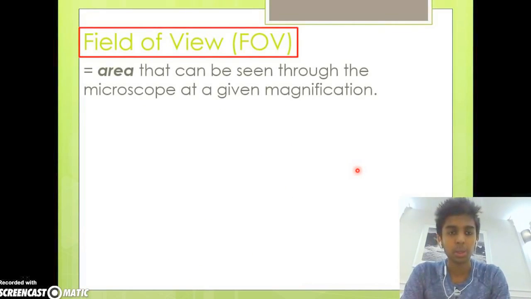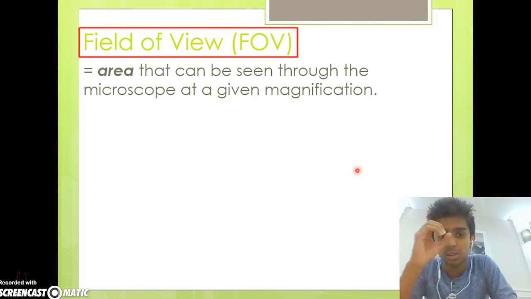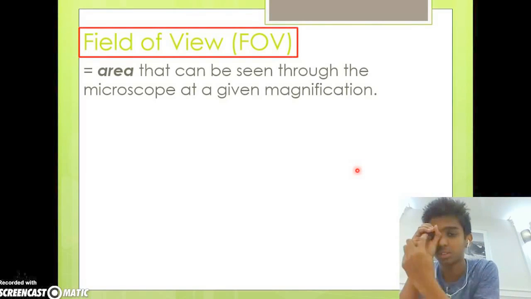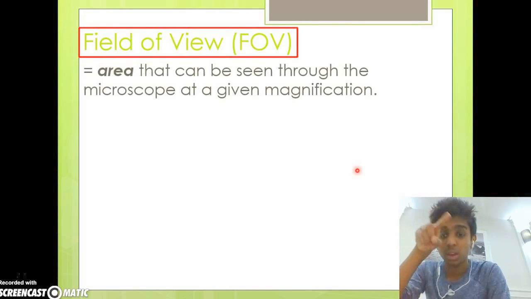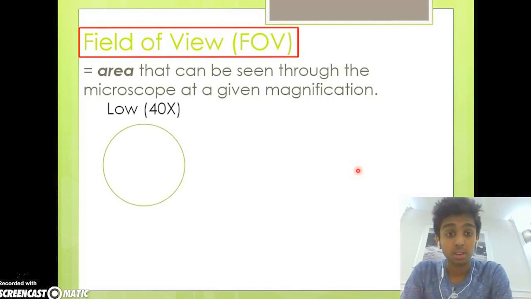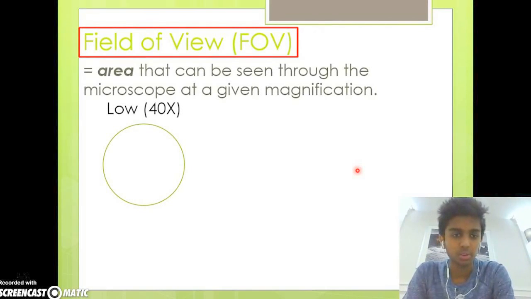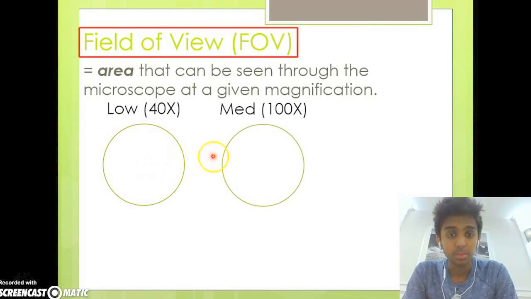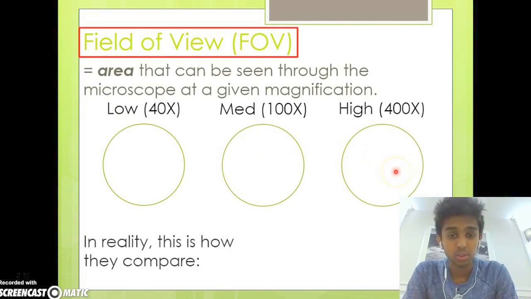Now, field of view is the area that can be seen through the microscope at any given time. When you look through the microscope, you see a little circle. That circular area, the total area that you can see in that circle, is your field of view. This shows how the fields of view compare to each other at 40, 100, and 400.